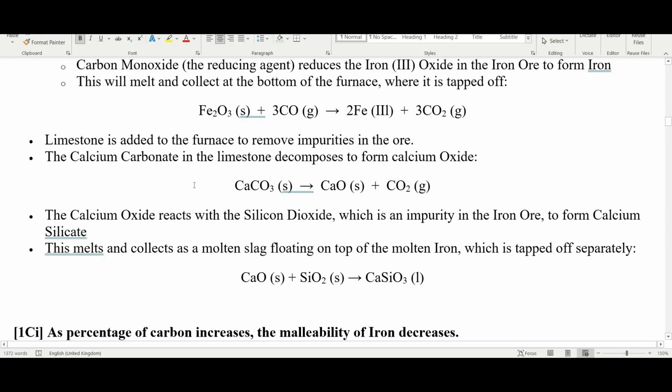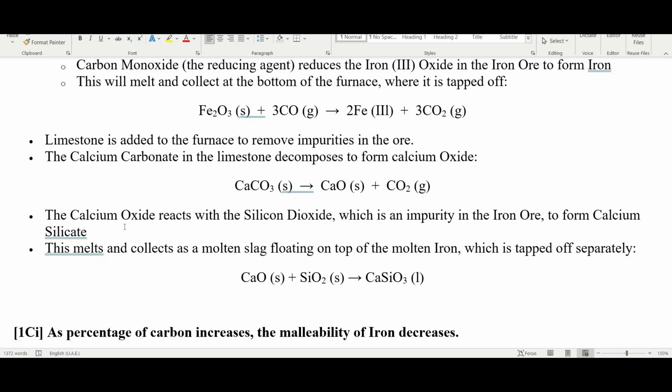The calcium oxide, which has been formed from the thermal decomposition of calcium carbonate, will react with silicon dioxide. Basically, silicon dioxide is an impurity in the iron ore. They form calcium silicate, which is a molten slag. This will melt and collect as a molten slag floating on top of the molten iron. Now they can be tapped off separately.